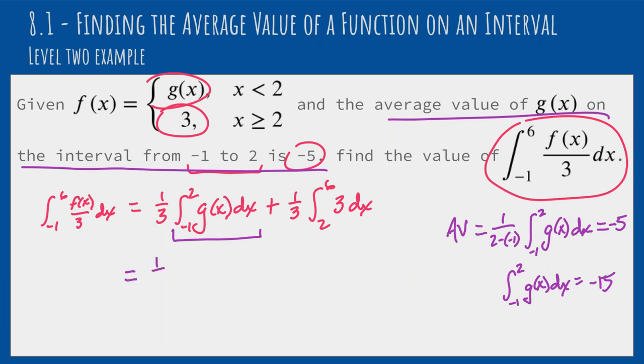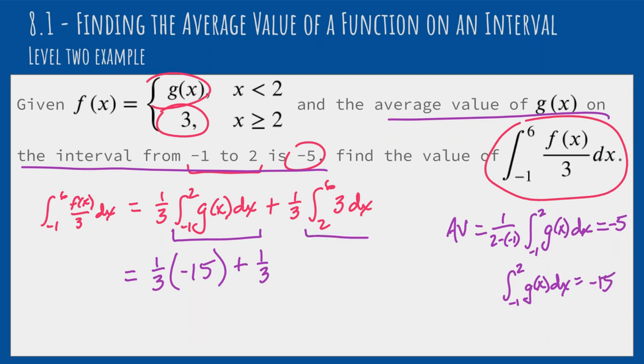So this is going to equal 1/3 times -15, because that's the value of that integral right there, plus 1/3 times the second integral. Now we can evaluate this using an antiderivative and the integral evaluation version of the fundamental theorem of calculus.